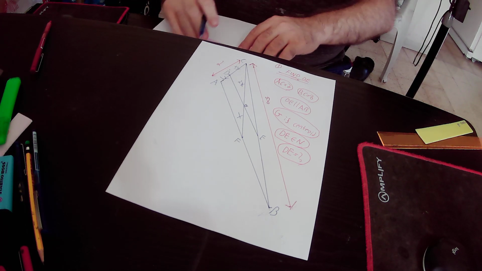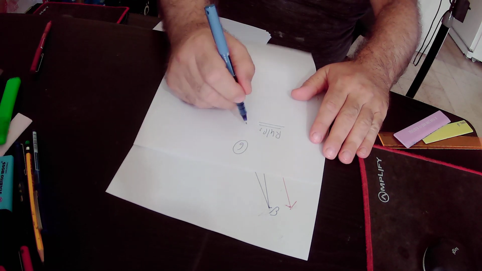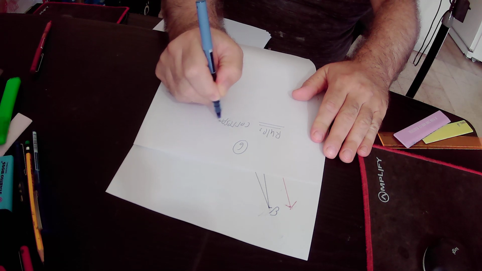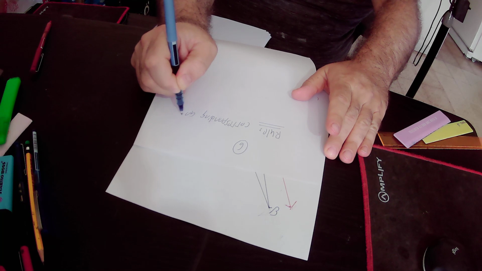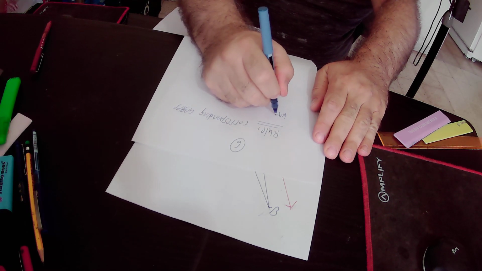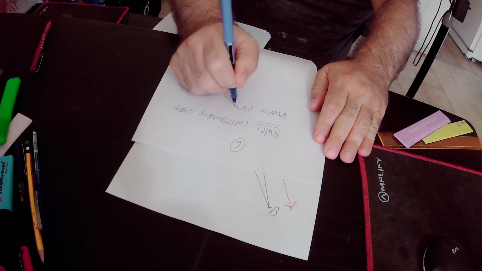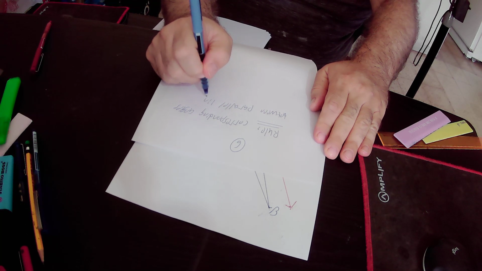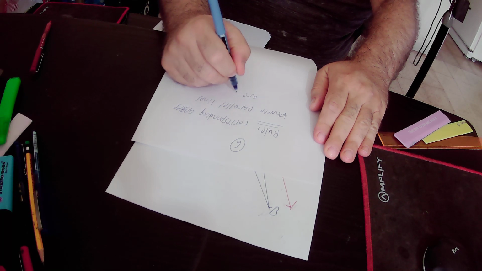The rule states that corresponding angles between parallel lines are equal to each other.